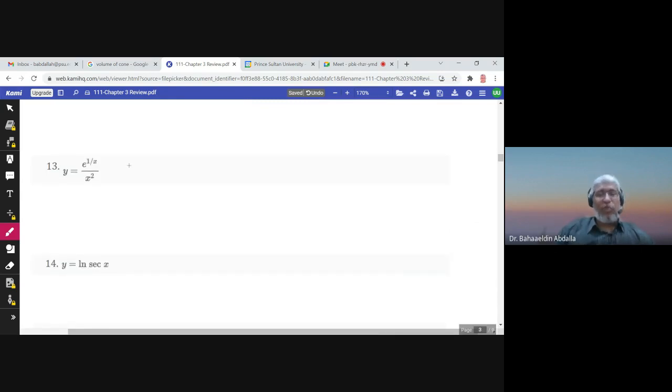Here I have a quotient. So this would be x to the power 4. The derivative of the numerator is e to the power 1 over x times the derivative of 1 over x, which is negative 1 over x squared. So this is the derivative of the numerator times the denominator, which is x squared. Then minus 2x, the derivative of the denominator, times e to the power 1 over x.